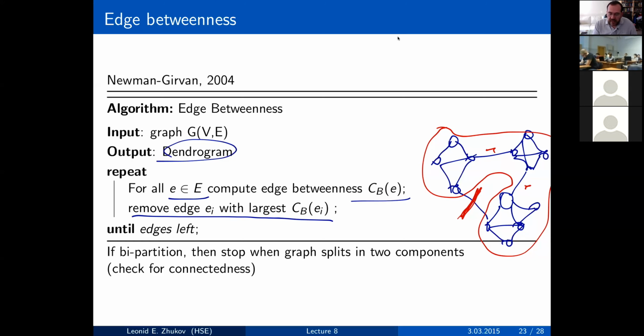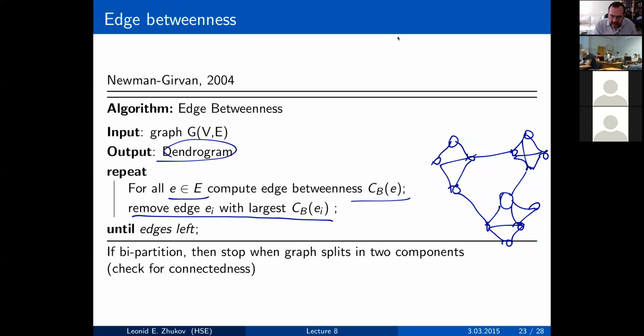Another point is we could actually build this into a bipartitioning algorithm if we want, a nice dendrogram tree. So the way to do that is the following. Let's say we calculate the betweenness, and we sort edges, and we start removing.